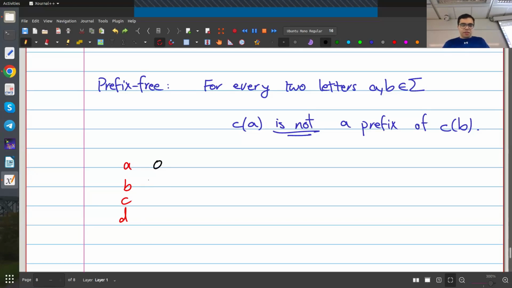Okay, so I know that all of my other codes have to start with a 1. Now I want to give a code to B. Let's say that I give B the code 1, 0. Now my other codes cannot start with 0. They cannot start with 1, 0. So they're all forced to start with 1, 1.